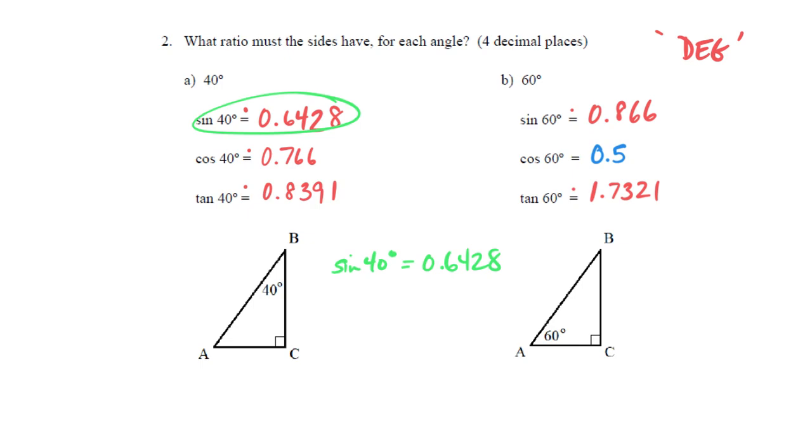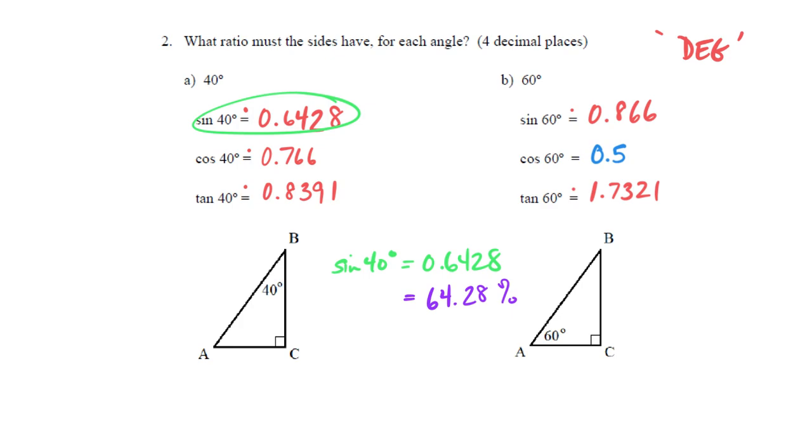They don't just have to be decimals. I could change my decimal into a percent, let's say. To change a decimal into a percent, I need to multiply it by 100. And so I could have written that as 64.28%. I think that might have less meaning for you right now.